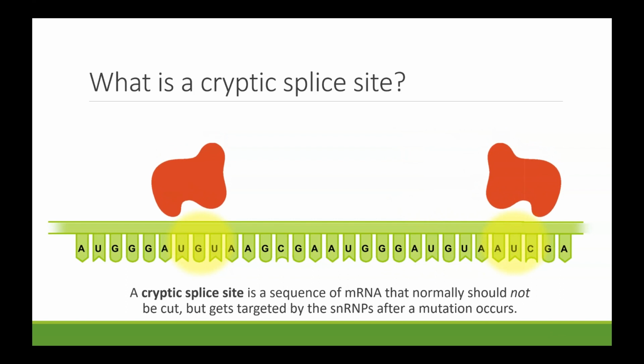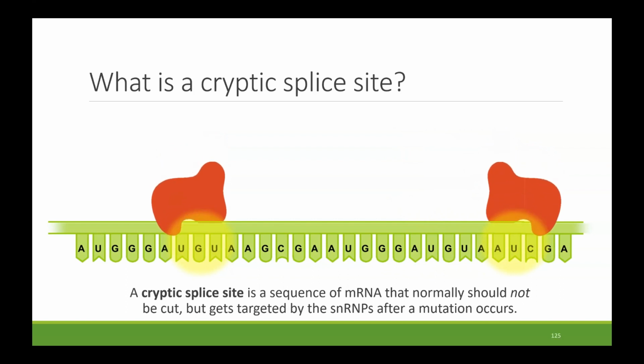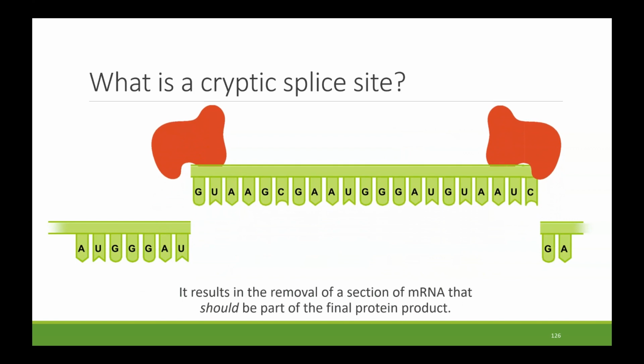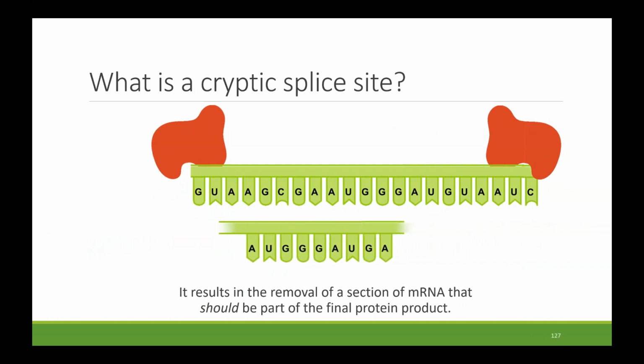So the SNRPs will do what they do. They'll come in, they'll attach, cut, and remove. But now they've removed more than they should. They've taken out a section of the messenger RNA that should have been part of the final protein product. And when this mRNA proceeds to the ribosome, it has a whole section missing.